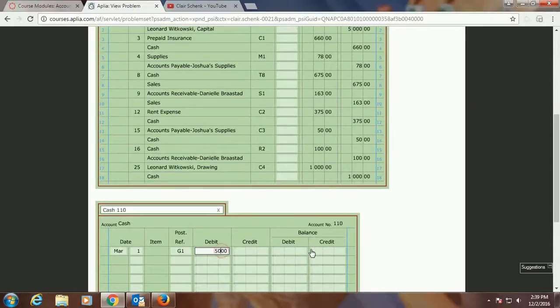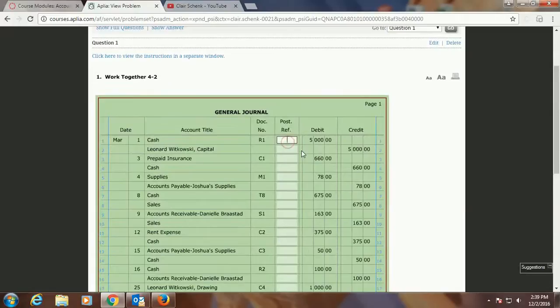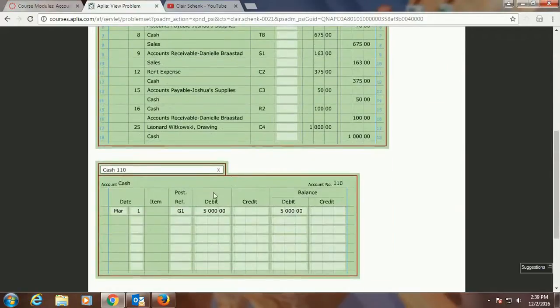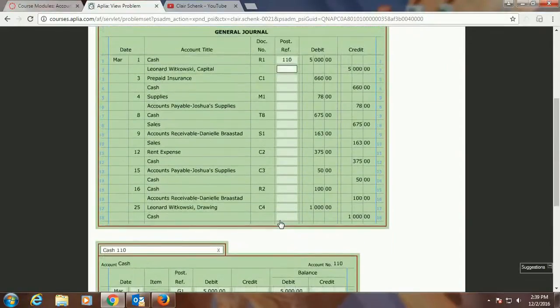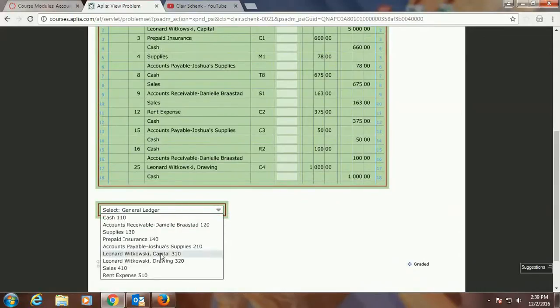And since 5,000 plus nothing is 5,000, so 5,000 is my debit balance. And then I'm going to put the post reference of 110 in the post reference column. That is taking that information from my general journal and recording it in my general ledger here. That's called posting.